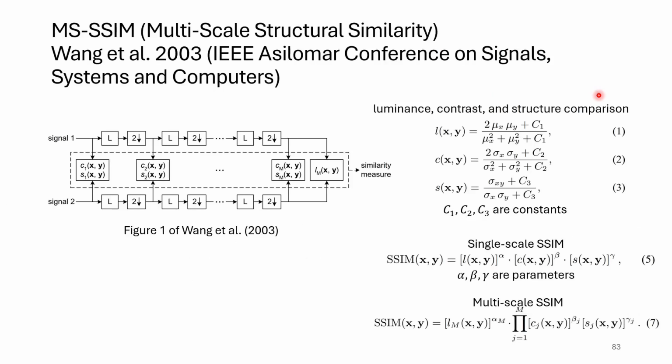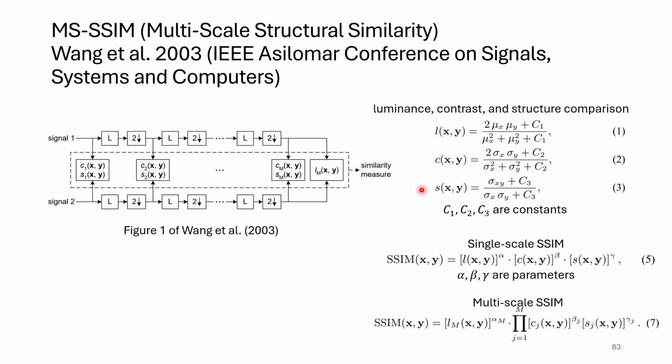MS-SSIM is multi-scale structural similarity. It is a way to measure the similarity between two images on different layers. For signal 1 and signal 2, just imagine there are two images. Because there are two images, you can calculate the contrast for every pixel on the two images.